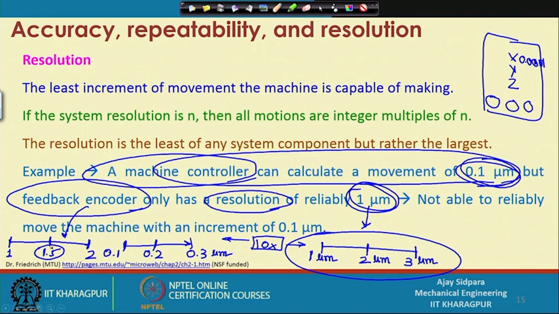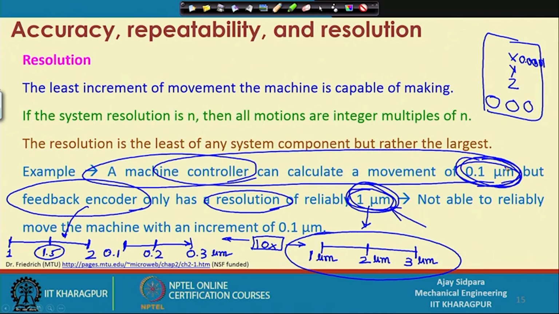So, that is the resolution. Even though you have a linear motor which can move with 0.1 micron, if you have added an encoder for measurement or feedback that has a resolution of 1 micron, then your system resolution is actually 1 micron and not 0.1 micron.